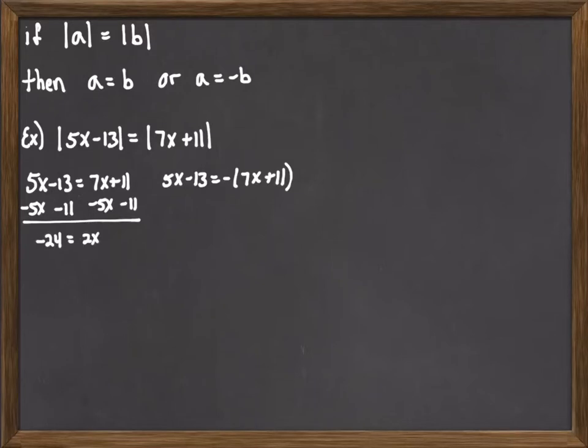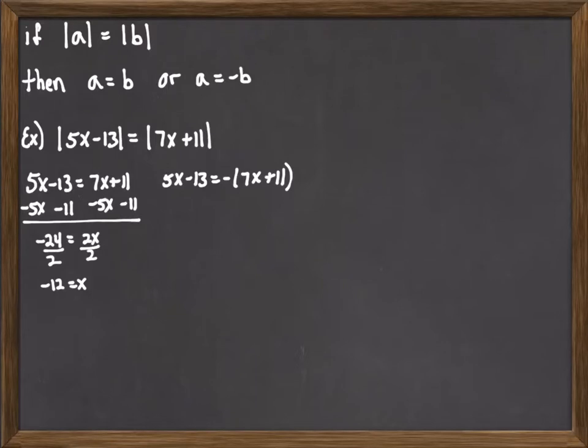That gives me the equation negative 24 equals 2x. We can then solve that by dividing both sides by 2, and we get that x is equal to negative 12. So one of our solutions is negative 12, and you can go back into the equation and plug negative 12 in and see that that works.